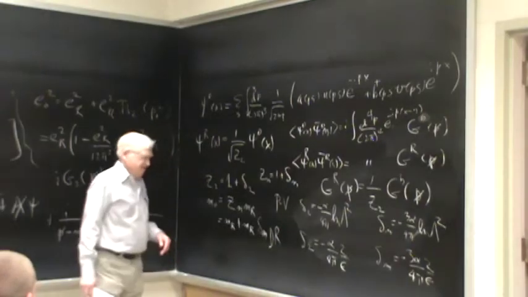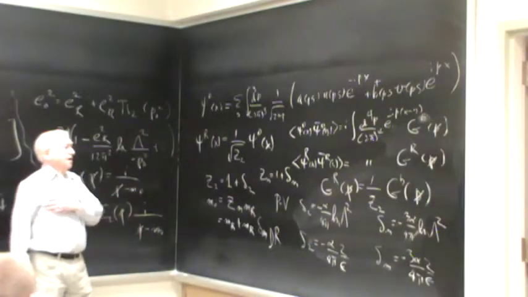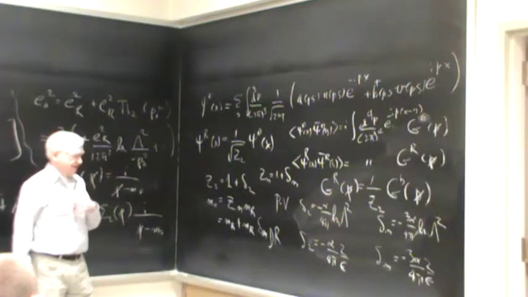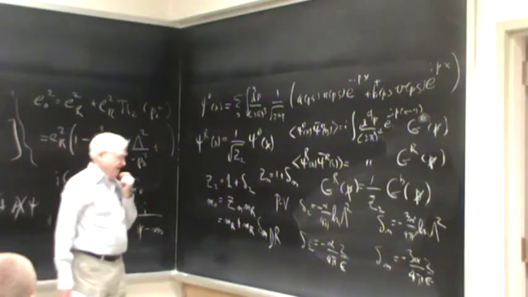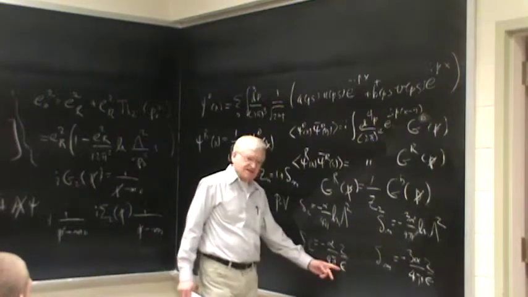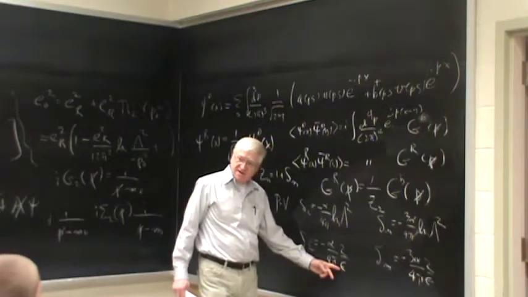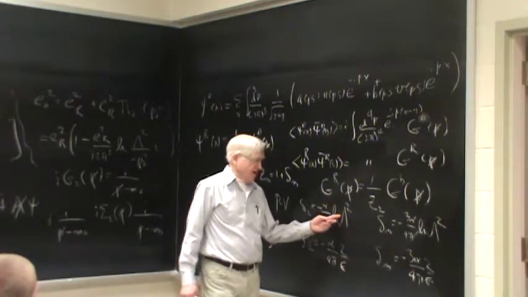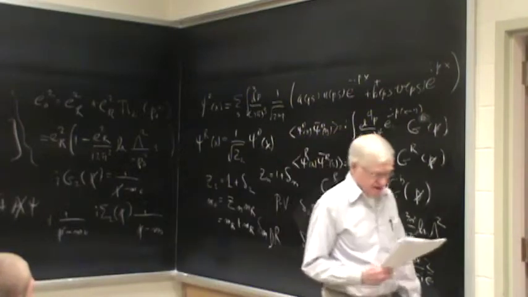And epsilon is, I guess, 4 minus d. And so, curiously, the divergences are different. This is linear as d goes to 4. This is log as lambda goes to infinity.